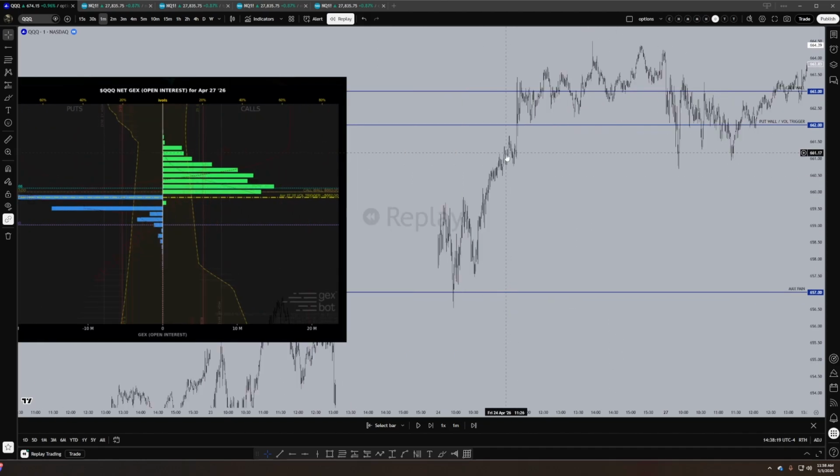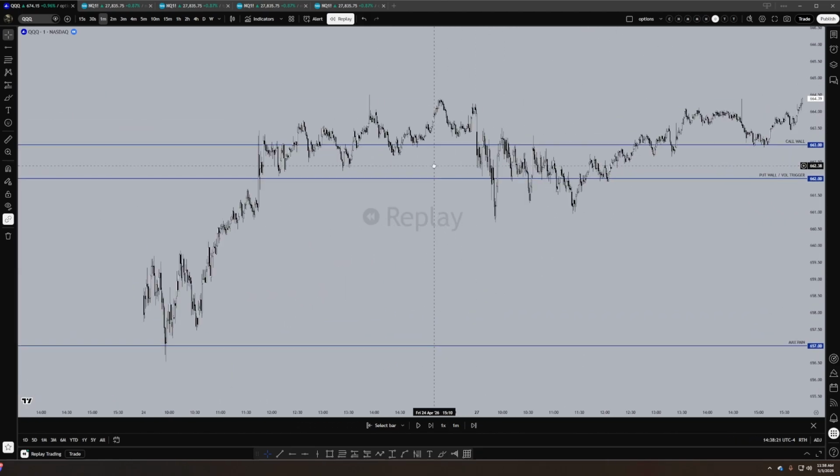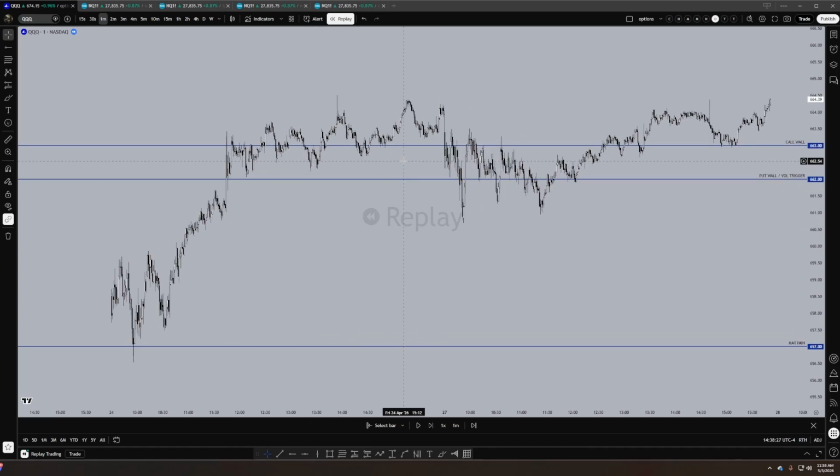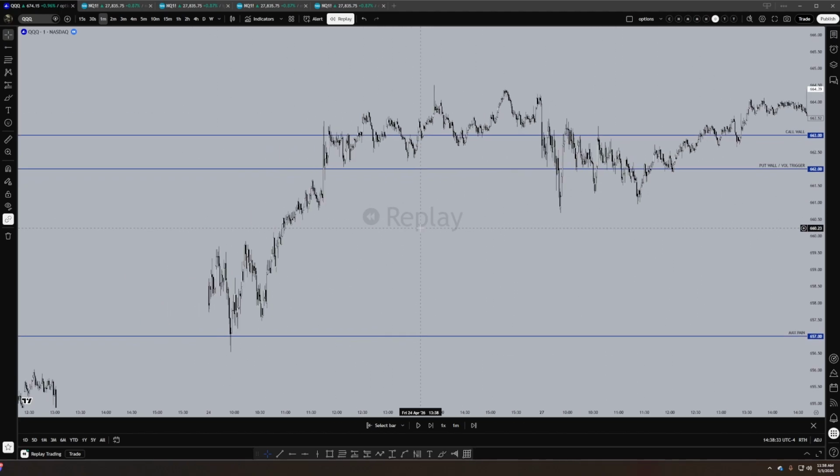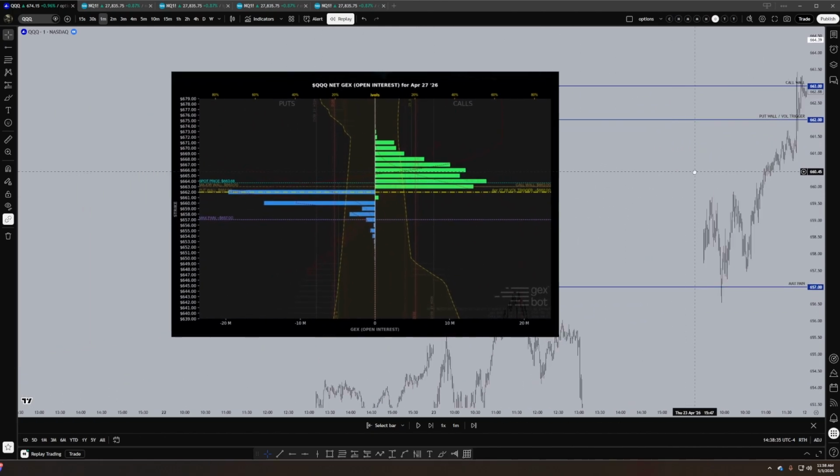We also see as we approach the call wall, which is going to be our main target for calls and longs on this day, and our main resistance, we see price begins to slow down and kind of just chop around this area towards the end of the day.